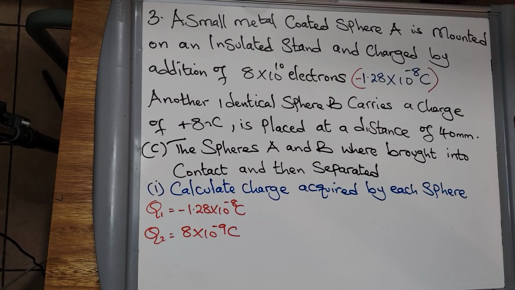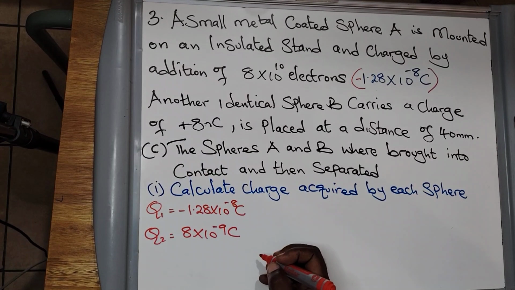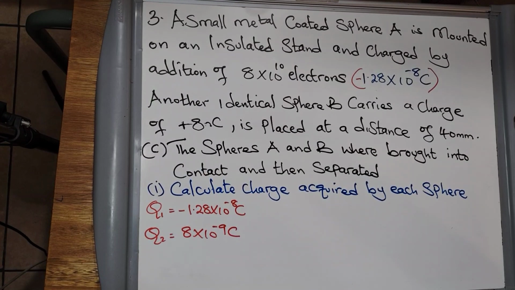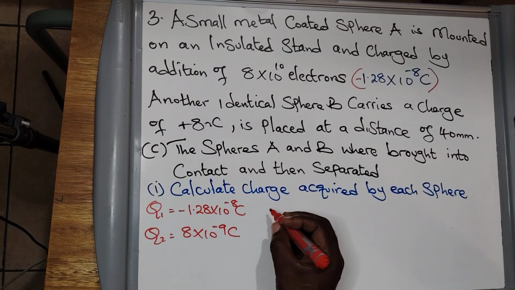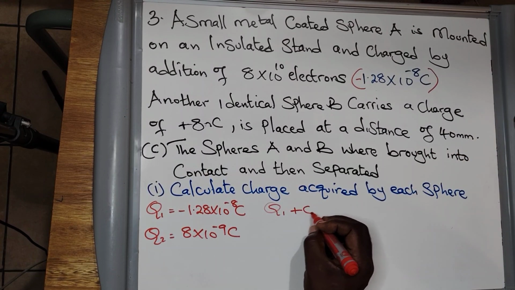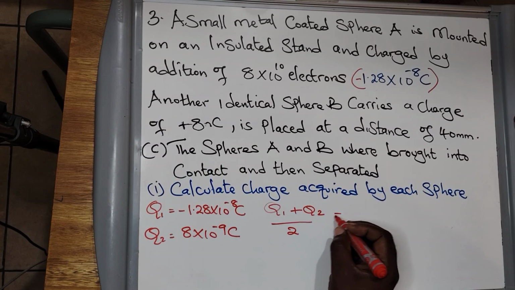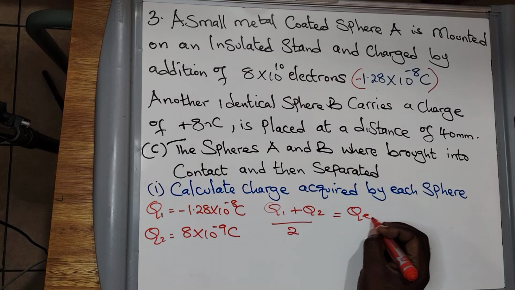Now, we have to remember that when these touch and separate, they both get the same charge, the same magnitude and the same sign. What equation do we adopt? Q1 plus Q2 over 2 is equal to the charge on each.